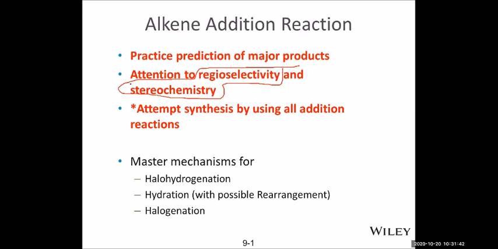And attacking these 2 sides might give you 2 different products, and of course, the R and S enantiomers, a pair of enantiomers, depending on which side is being attacked. And there's something more.